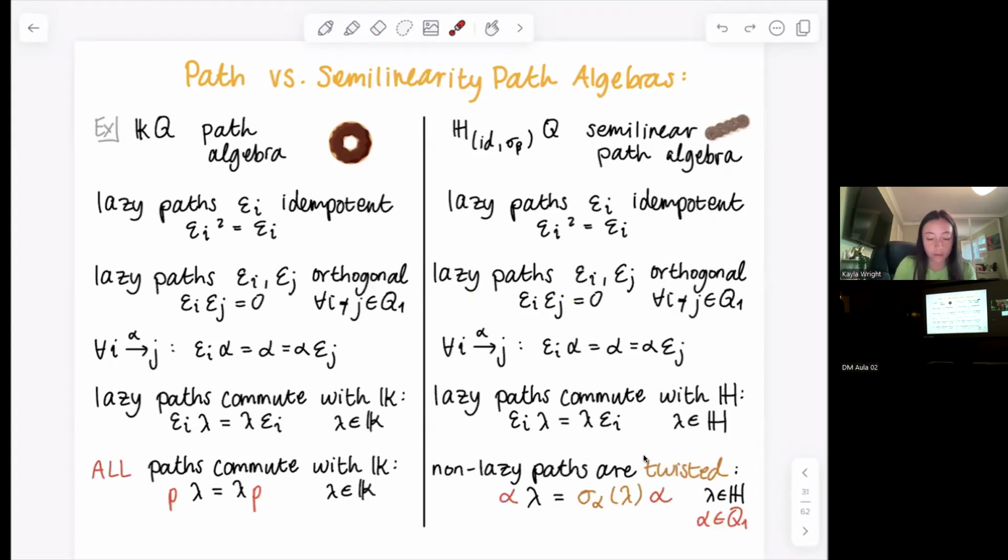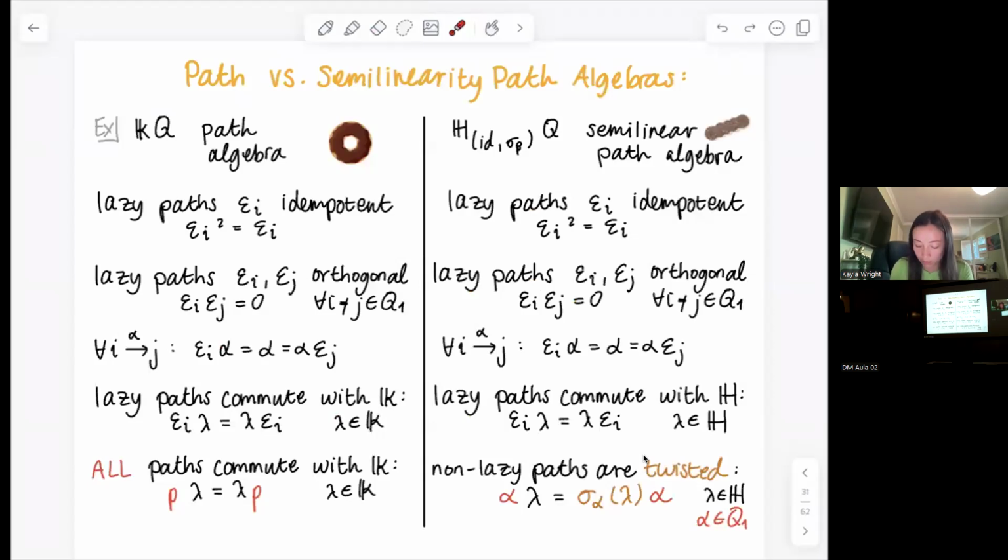In the usual path algebra, any scalar is going to commute with a path in the path algebra, so we can pull them around wherever we want in the multiplication. But if we have some non-trivial automorphism, we have to be careful when we're pulling them through, and keep track of what's happening with the automorphism.